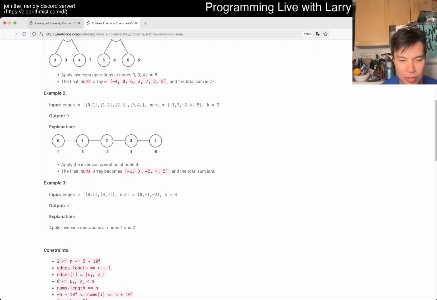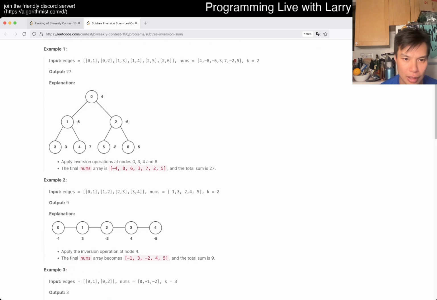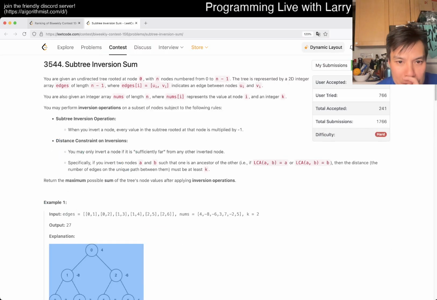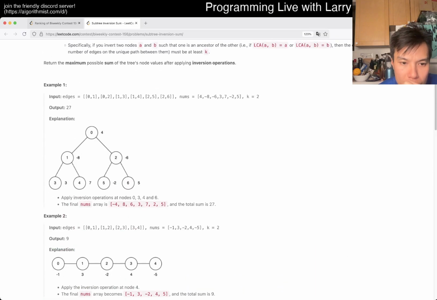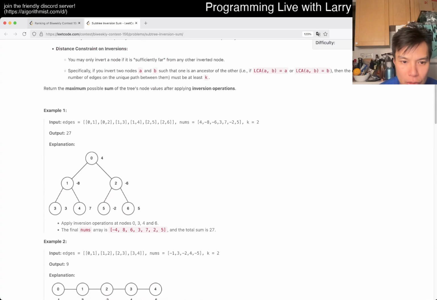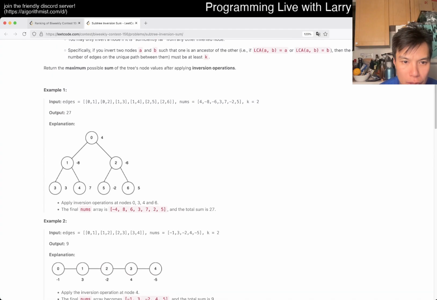I have 9 and a 3 on trivial cases. That's good, at least. Why is this 27? Did I mess up the thing? No, I don't think so. Okay. K is 2. So we can do 0, 3, 4, 0, 3, 4, and 6, right?